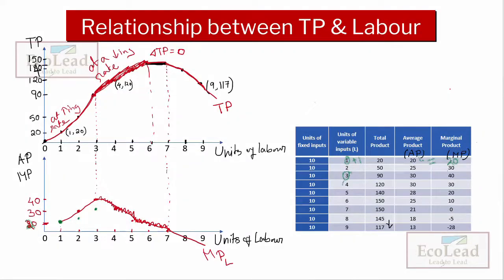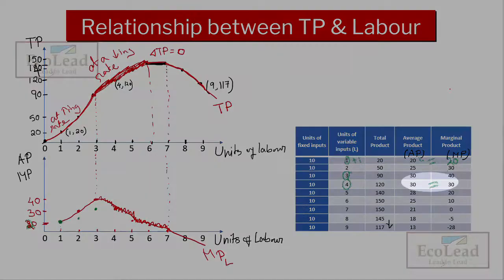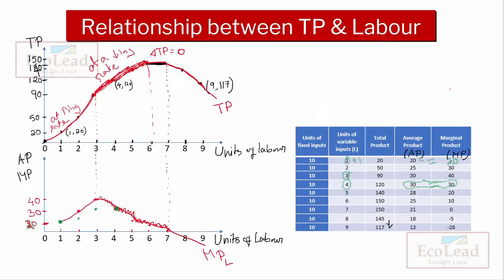If we increase the labor further, for 4 units of labor, the value of the average product is exactly equal to the value of the marginal product. Look at this value. This value 30 is also the highest value of the average product. Increase the labor further.